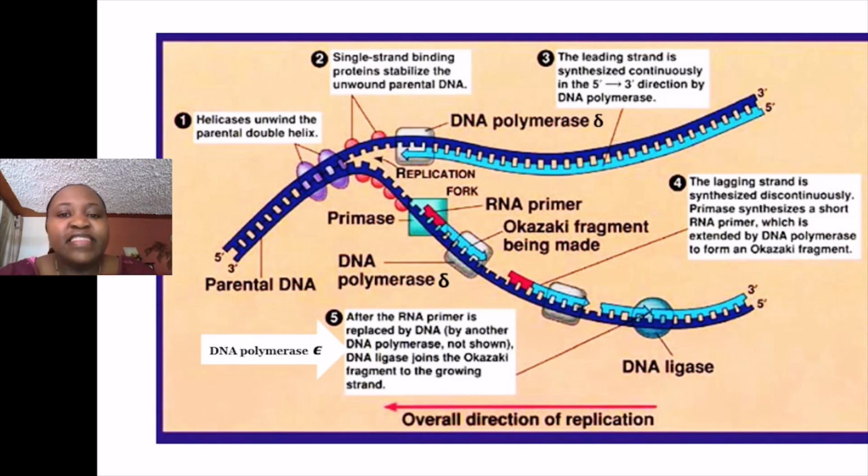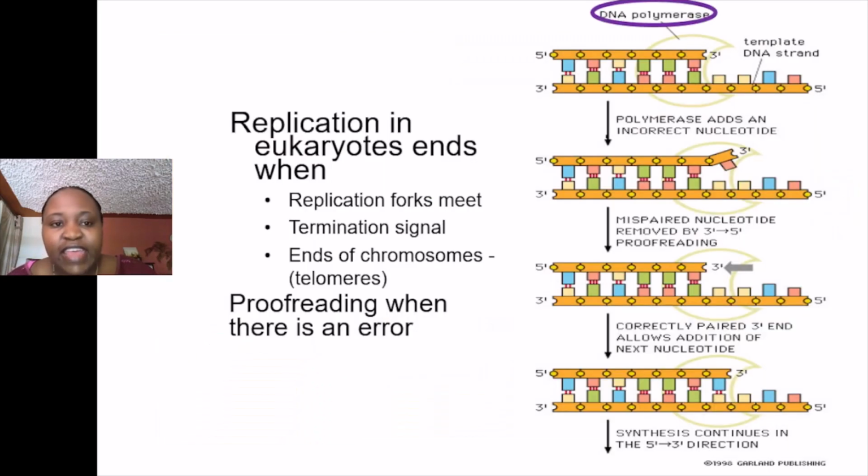And we are saying that this replication, what we call a replication fork, will occur in different sections of the DNA. And that is why replication will end when replication forks meet. So we have different sections of DNA being multiplied because we cannot start from one end of DNA to the other end.